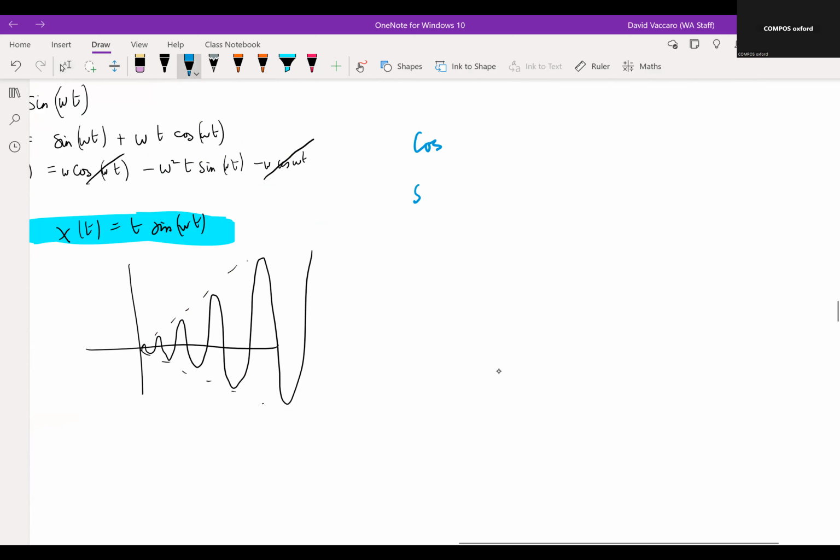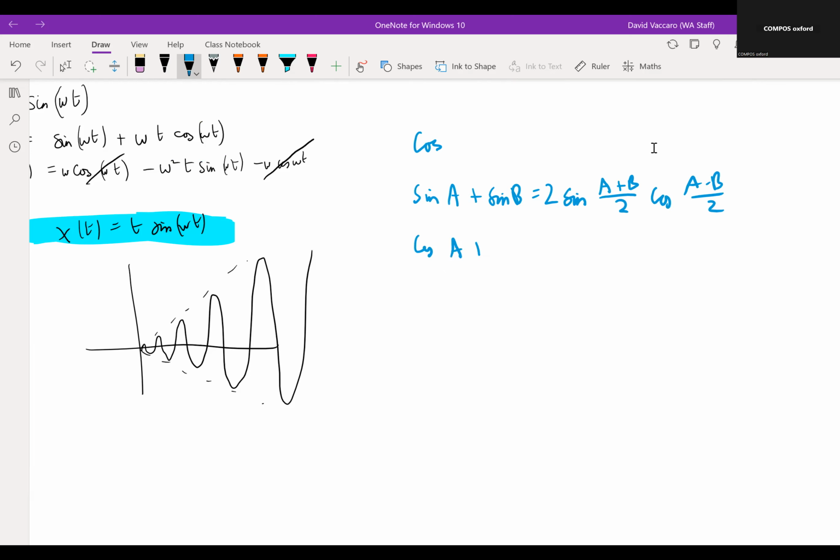You've probably seen the product formulas. These are trig identities that are a little bit on the fringe of A level. We know that sine A plus sine B is 2 sine (A plus B)/2 cos (A minus B)/2.